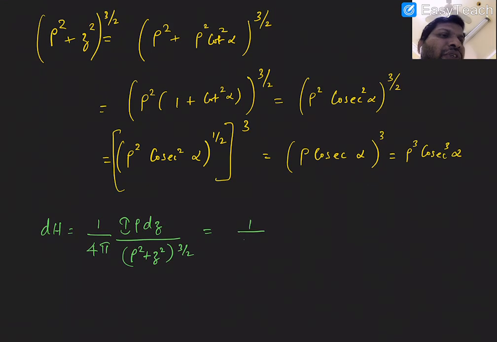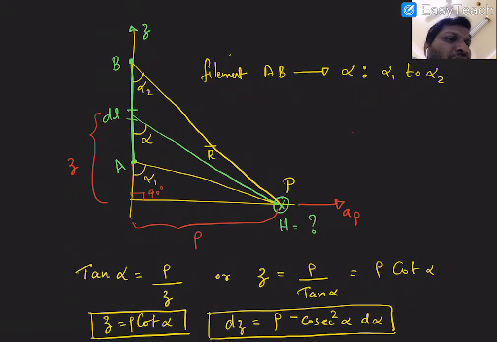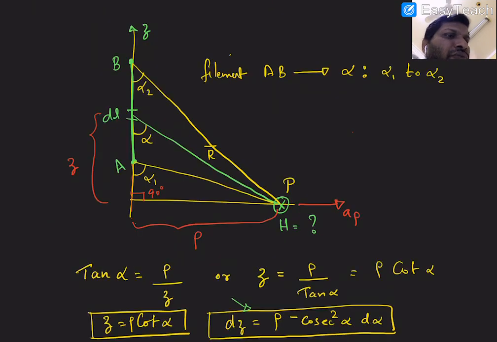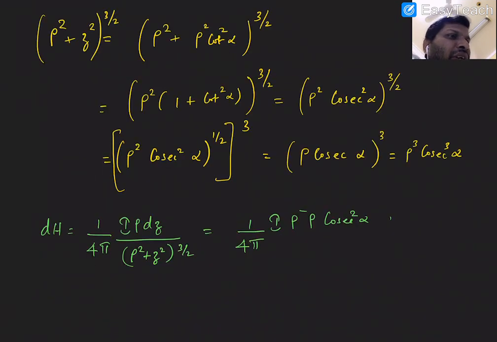This I can represent now as 1 by 4 pi I into rho into dz. You see dz is equal to rho into minus cosec square alpha d alpha, divided by rho square plus z square, which we have already seen is nothing but rho cube cosec cube alpha.